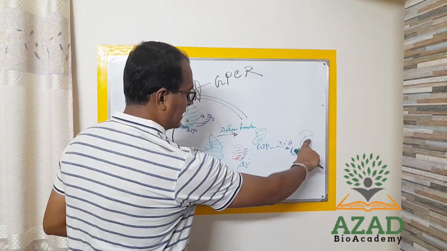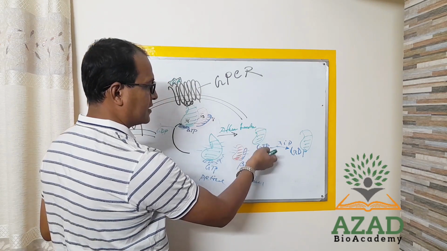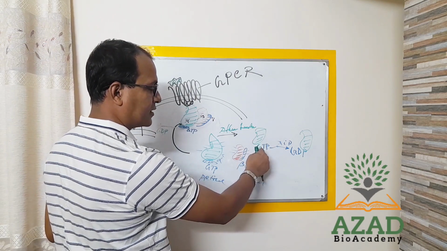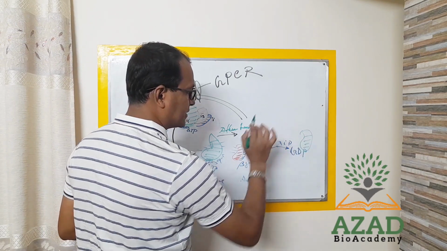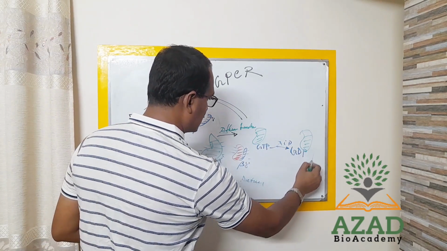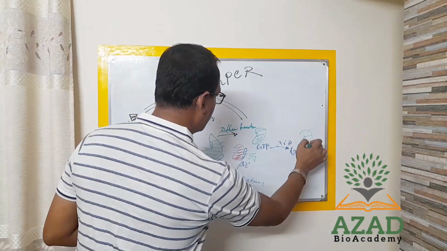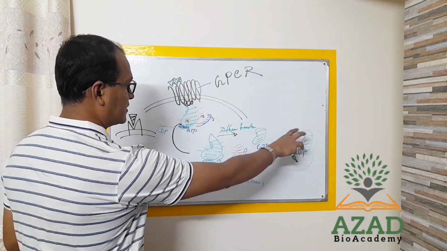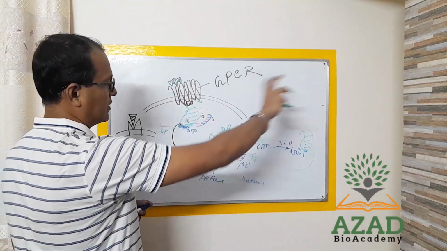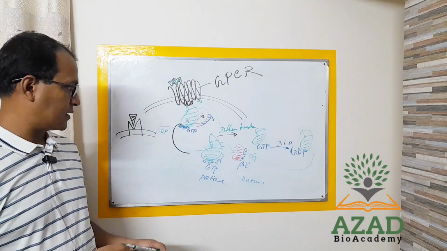This is the GTPase activity of the alpha, and that will hydrolyze the GTP into GDP, and this is the inactive G protein alpha. It will again attach with the beta gamma and form the alpha beta gamma complex, that is the heterotrimer, and it will attach again to the receptor and wait for the next activity.